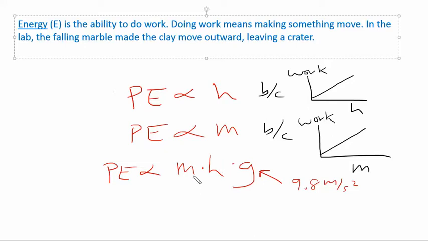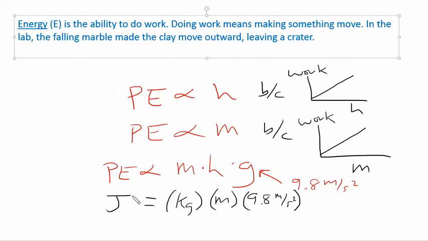Okay, so if we use this set of units here, where we have kilograms for mass and meters for height and meters per second square, we'll just go ahead and put in g. We usually don't do any calculations with potential energy on other planets. If we're using those units together, then we get a unit called a joule.